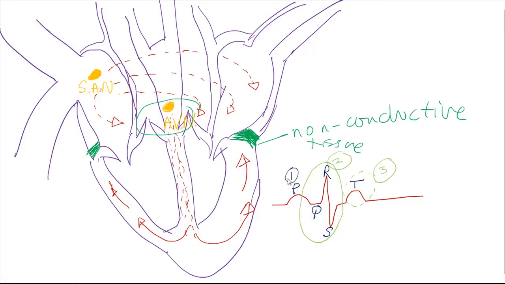Just remember that. So P is for atrial systole, QRS, ventricular systole, and then the T wave, diastole, which is the relaxation of the heart.